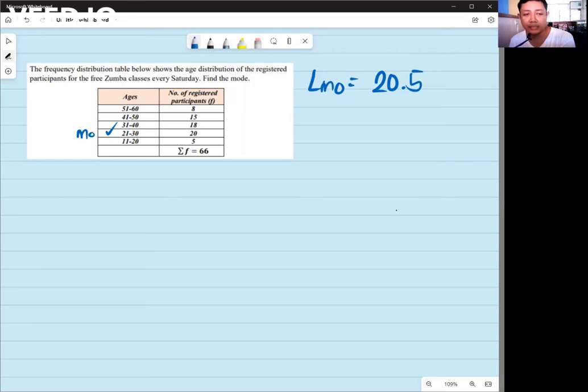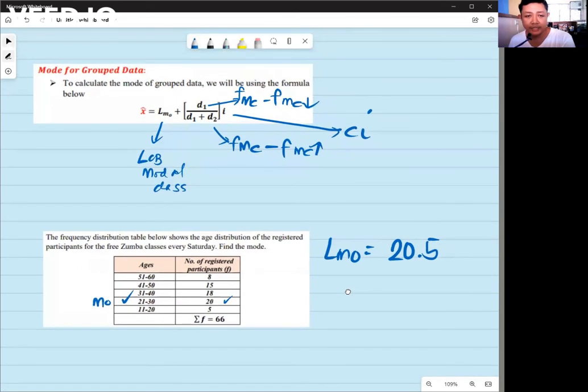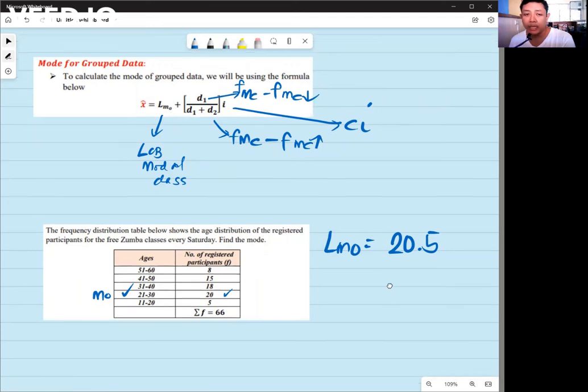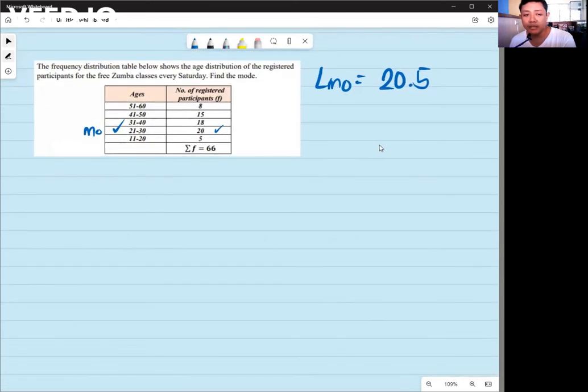MO na lang, modal class. And then this is our highest frequency. Now, it says a while ago here that for D1, it is the frequency of the modal class, that's 20, minus the frequency of the modal class below it. And which is the frequency below 20? Which is the frequency below 20?